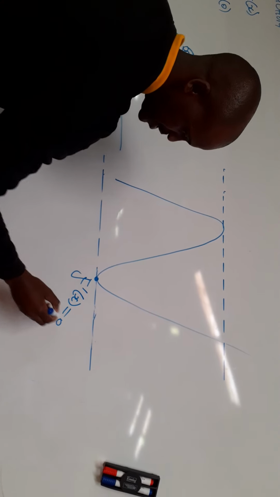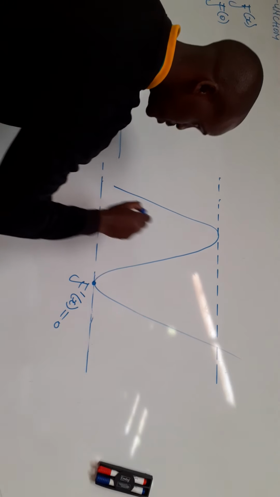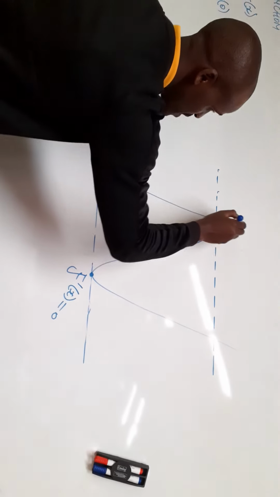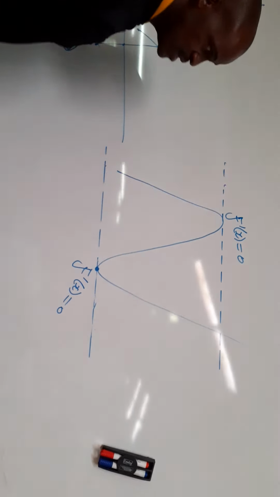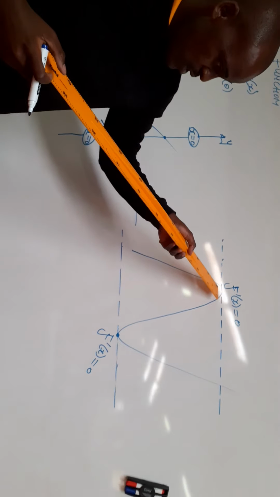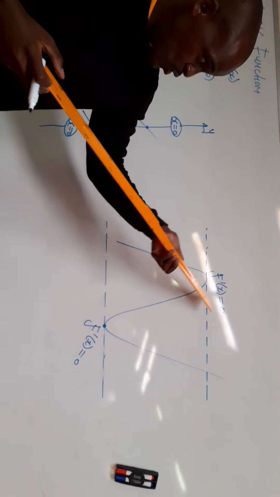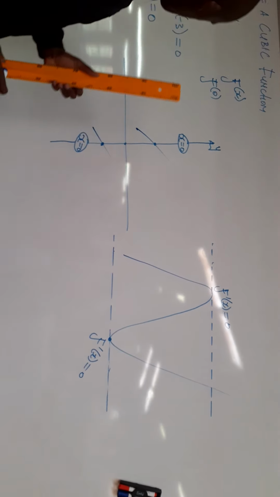At the turning point, the gradient is 0. The gradient of that line, because it's a horizontal line. The gradient is 0 here, since it's a turning point. This gradient is equal to that gradient, simply because the two lines are horizontal lines, which means they are parallel to one another.